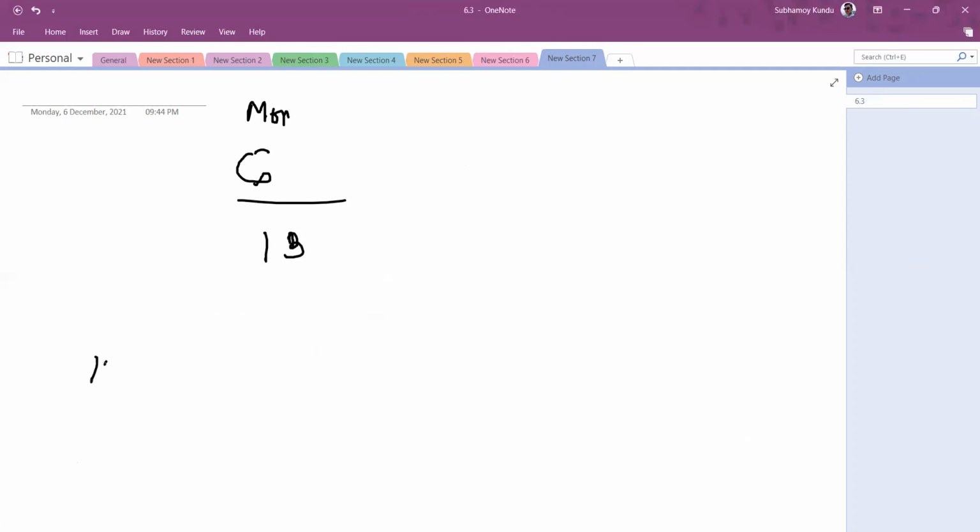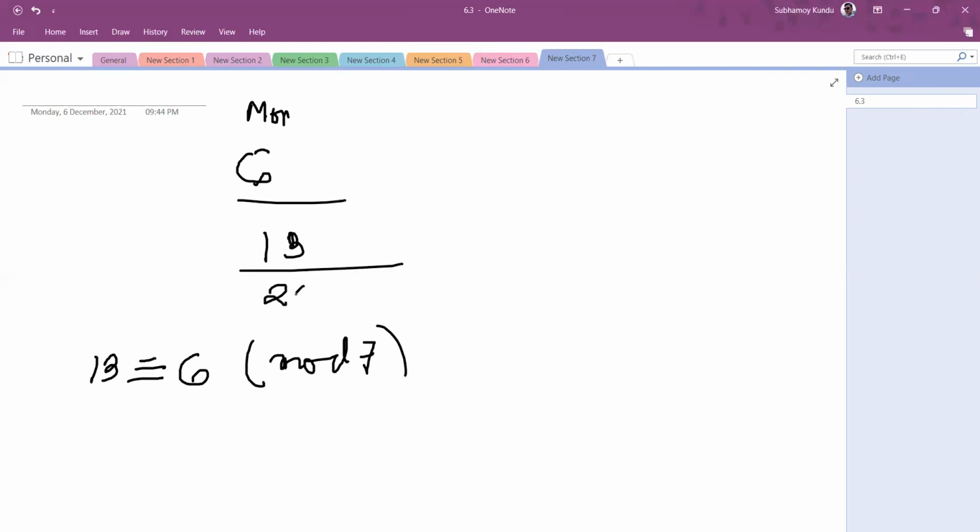So we can write it this way: 6 and 13 are congruent modulo 7, because 13 minus 6 is 7, and it is divisible by 7. Similarly, 13 and 20 are also congruent modulo 7.